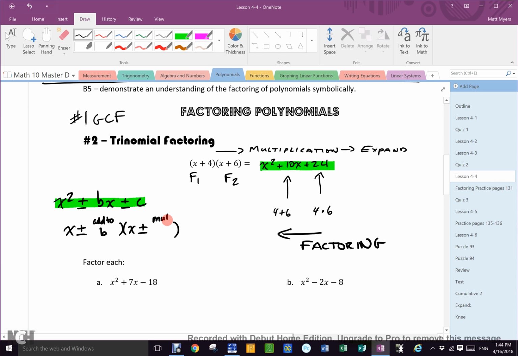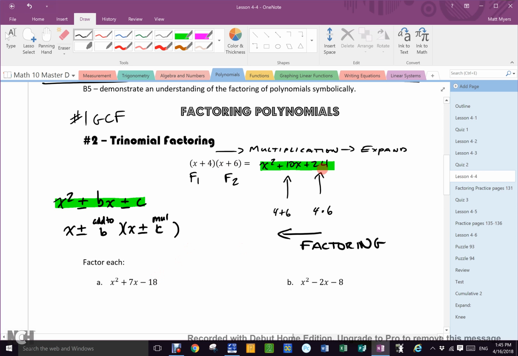All right, here's what I mean. We're going to start with this very first one. Since it's in the right form, it's got nothing out in front, we know that we can break it down into binomials. And how we do that is we look at the very last number and we think to ourselves, all right, I know that when I expand this, those last two numbers have to multiply to 18.